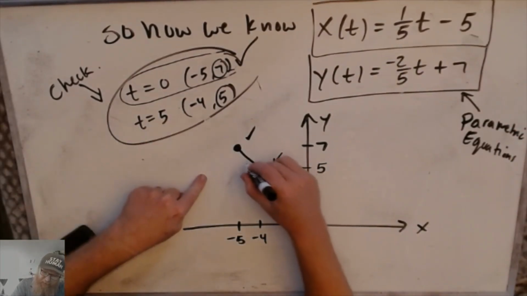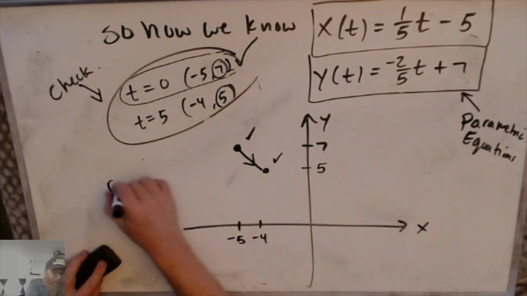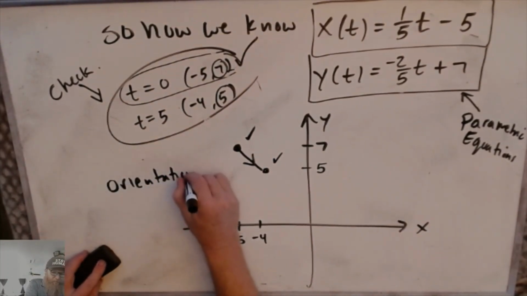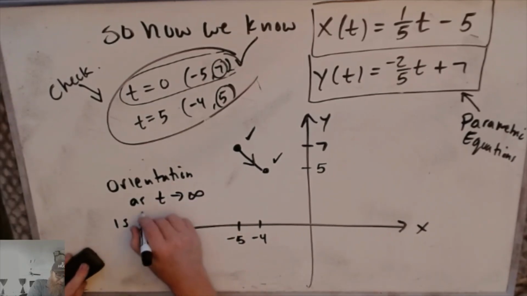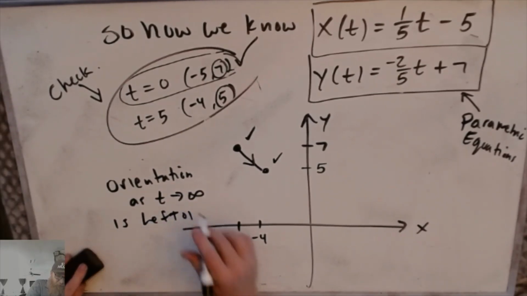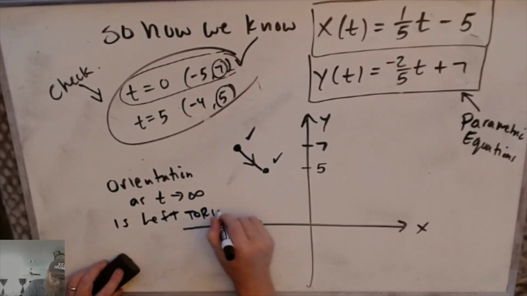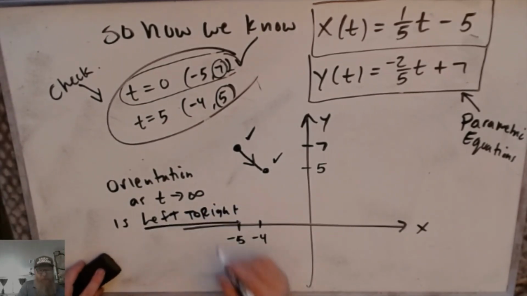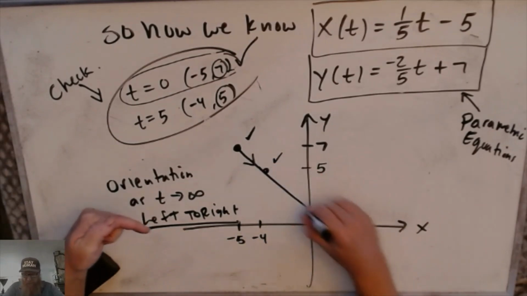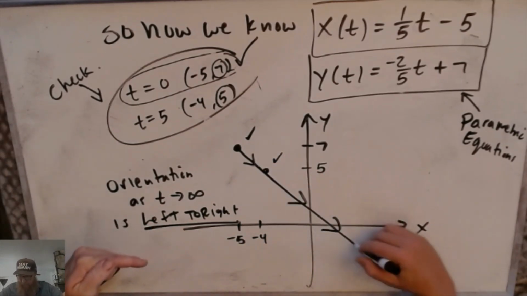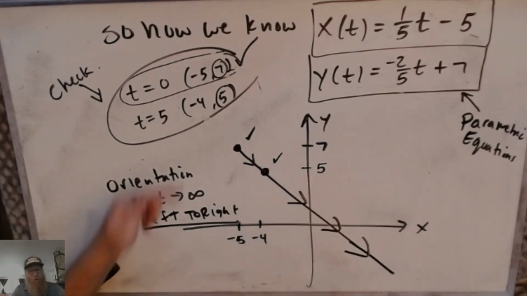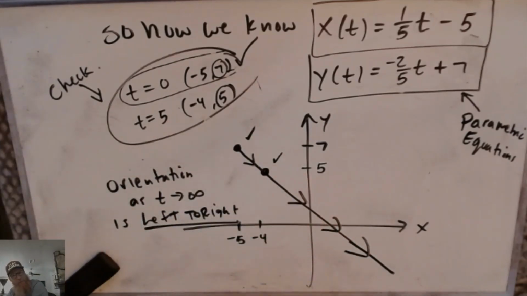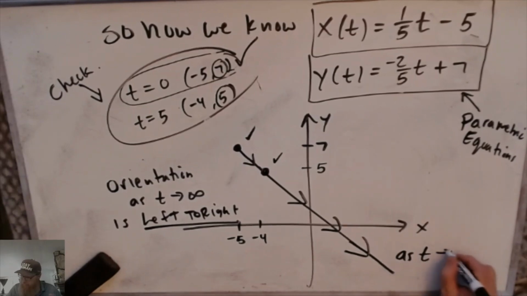Check. And the orientation as t goes to infinity is left to right. So this graph is moving in this direction from the left to the right over time as t goes to infinity.